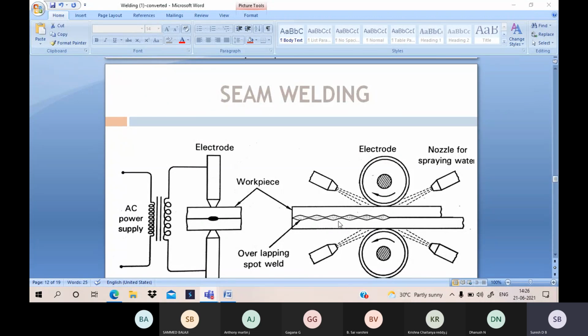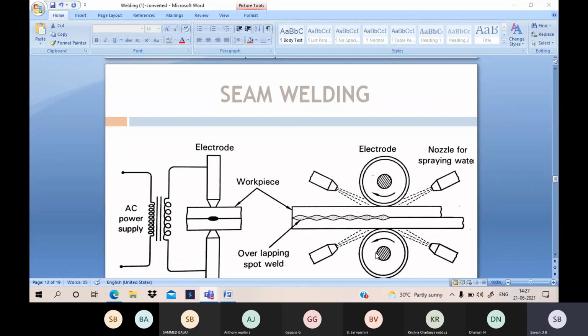Okay, see here. Due to external force or external pressure, both the pieces are going to be rigidly joined. This particular joint is called an overlapping spot weld. These two electrodes are rotated on a shaft, and the shaft is rotated by means of some other external power.